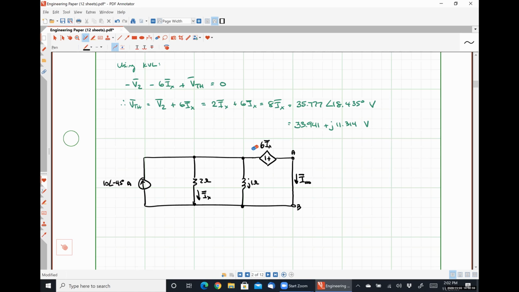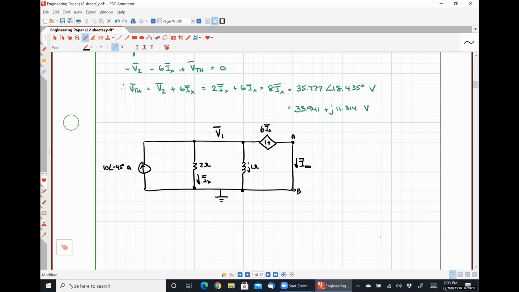So with that in mind, if I did nodal analysis with the bottom node as my ground, literally my only unknown voltage is this guy V1, right?